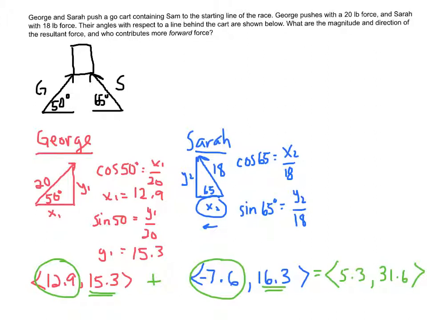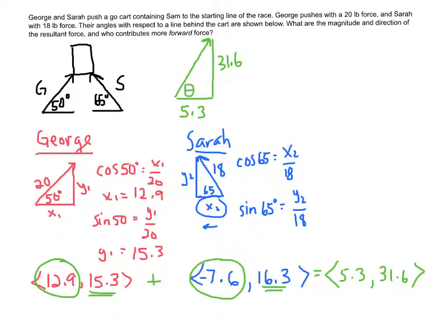Now what we need to do is find the magnitude and direction. So my resultant vector is going to have an x value of 5.3 and a y value of 31.6. I need to figure out the magnitude, and I need to figure out the direction, or theta.